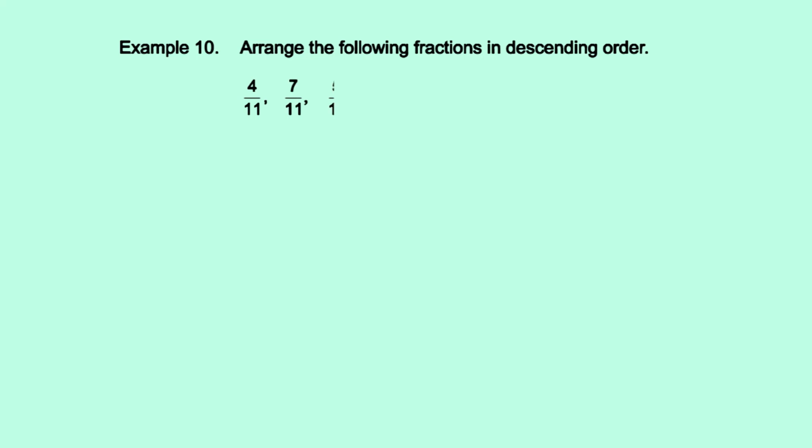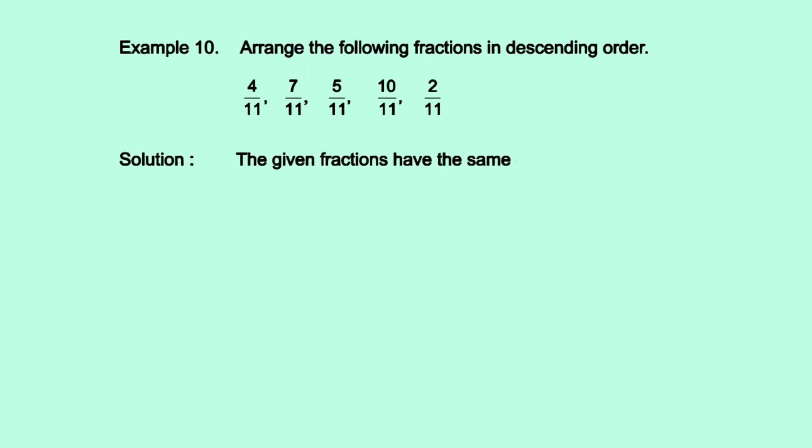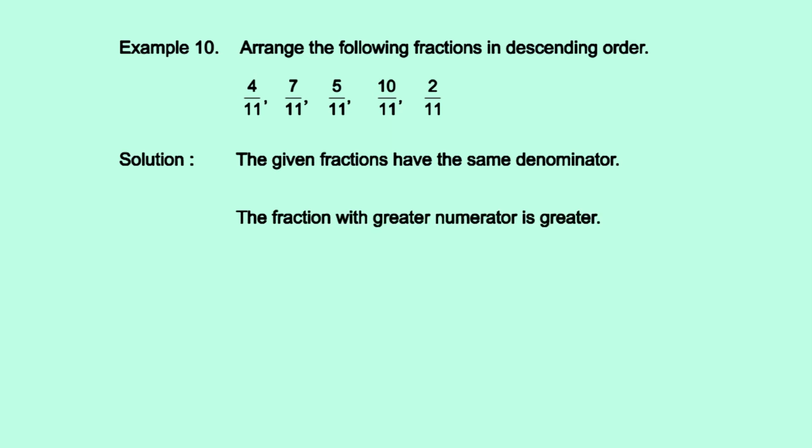Example 10. Arrange the following fractions in descending order. 4 by 11, 7 by 11, 5 by 11, 10 by 11, 2 by 11. Solution. The given fractions have the same denominator. The fraction with greater numerator is greater.